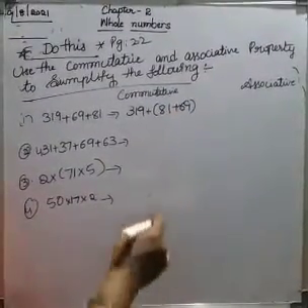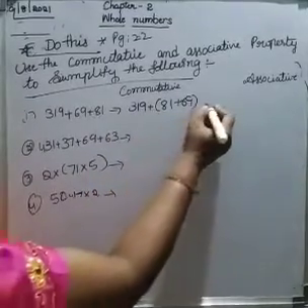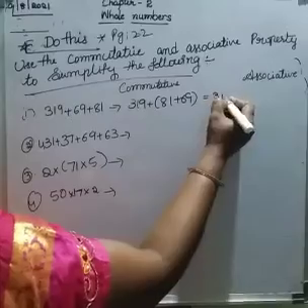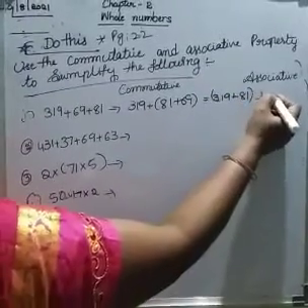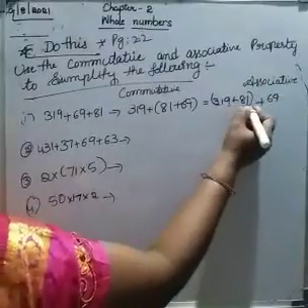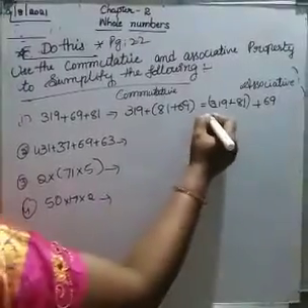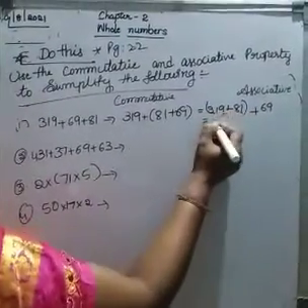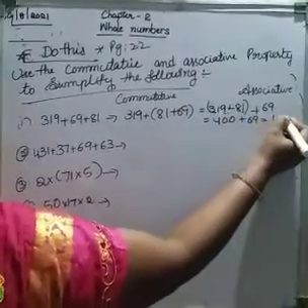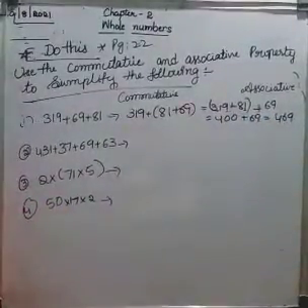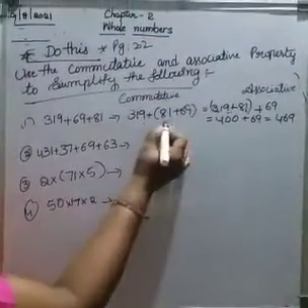Next, 319 and 81 right in one bracket, 319 plus 81 in one bracket plus 69. 9 plus 1 is 10. 300 is a big number, no? That's why. Now 319 plus 81 equal to 400, plus 69 is equal to 469, right? 400 plus 69.